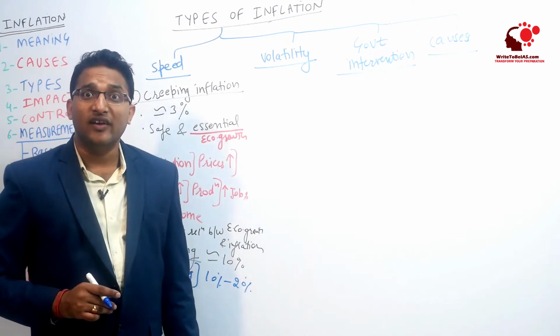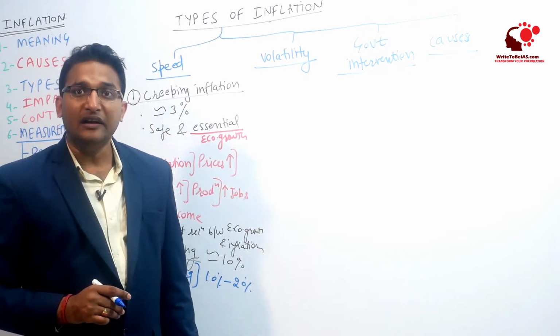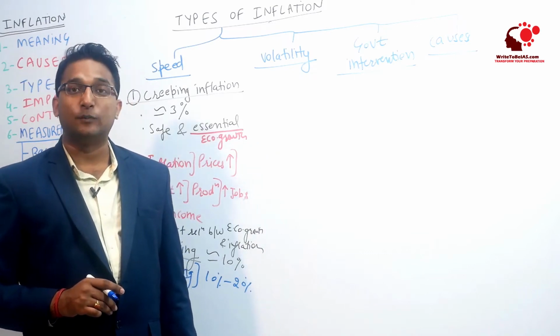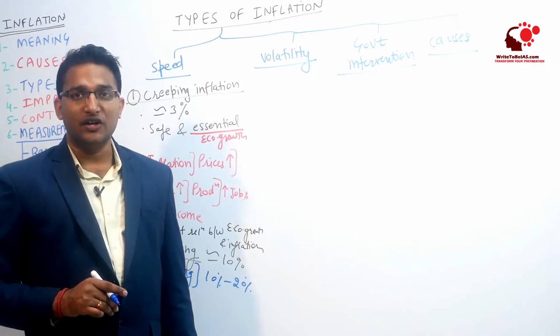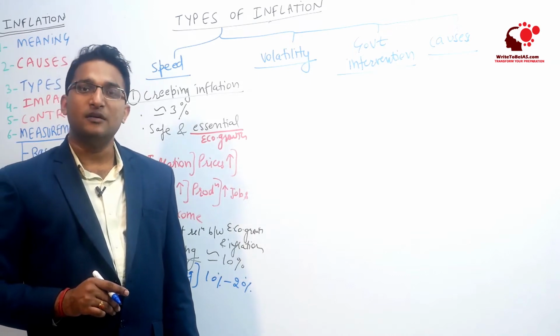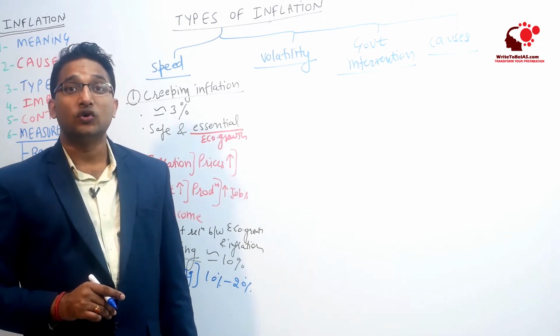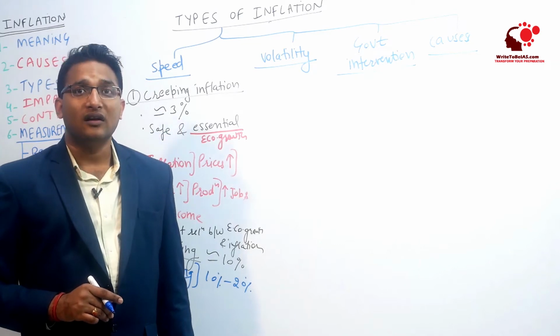This running inflation is very adverse. It eats away the savings of the people. It adversely impacts the poor people. It adversely impacts the exports of the country. It adversely impacts government finances because the government has to give more subsidy so that people have certain minimum essential services.